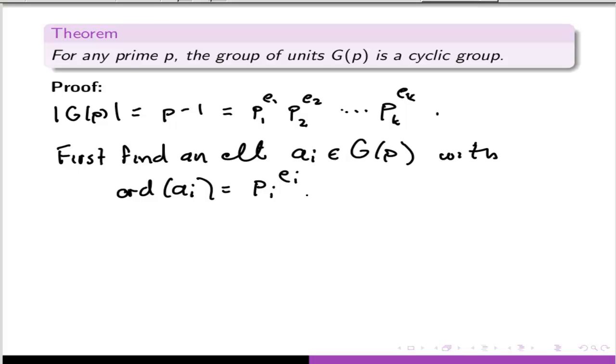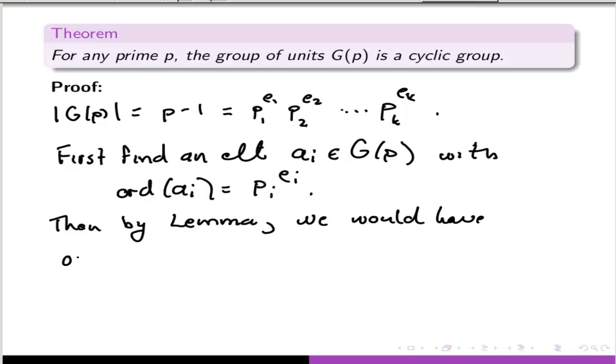Now what would that do for us? Well, then by the lemma we just proved, we would have that the order of A1 times A2 times Ak is what? Well, we proved a lemma that said the order of the product is the product of the orders provided the orders are relatively prime. And by induction, it would say provided the orders are pairwise relatively prime.